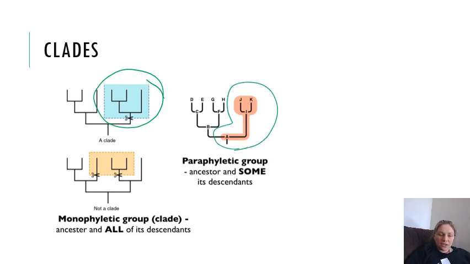So you can see that you've got the original one, whereas in the clade, you're just looking at a group of organisms, a little bit of a cutout. And a monophyletic group is another type of clade where you're looking at the ancestors of all the descendants. So you're looking at different lineages or different sections within the tree.